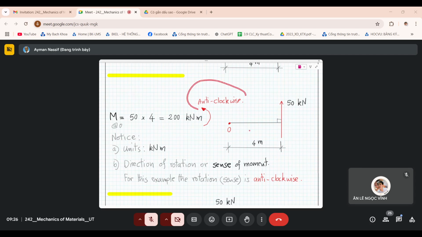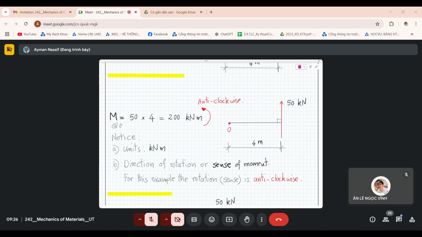The rotational effect has got a sense. If you imagine this is a two-dimensional plane and there's a force acting in this plane, the entire plane is rotating anti-clockwise or counterclockwise, the American pronunciation counterclockwise, the British pronunciation anti-clockwise, all the same thing, going in the opposite direction to the clock.